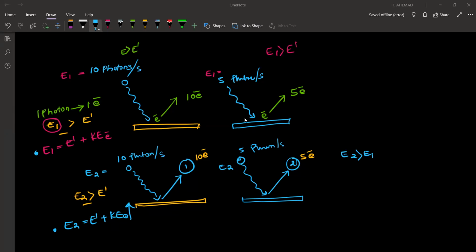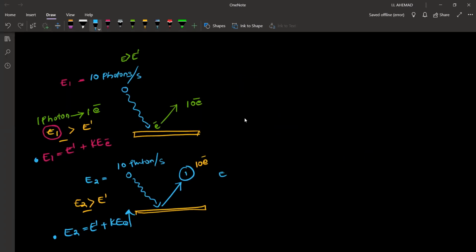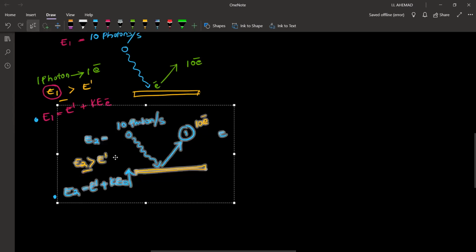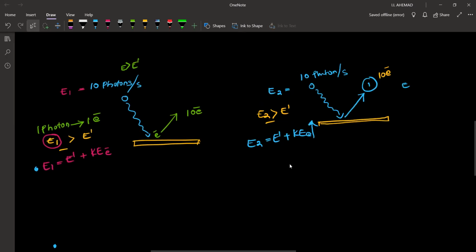Now only let's look at these two. Let's compare these two cases. Now, what can you tell about their intensities? Are their intensities same or different? Here we have 10 photons per second. Here also we have 10 photons per second.